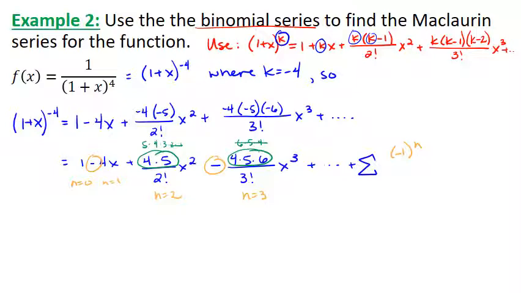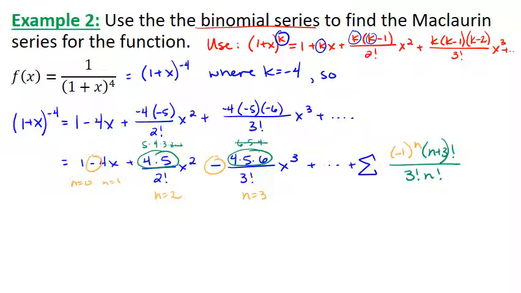Okay, but notice some things are missing, right? So what happens is these factorials end up canceling some things out, and you end up with the following. You will have n plus 3 factorial in the top over 3 factorial times n factorial.